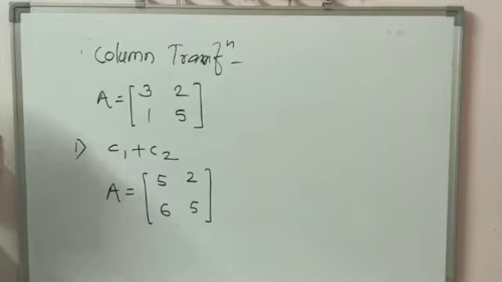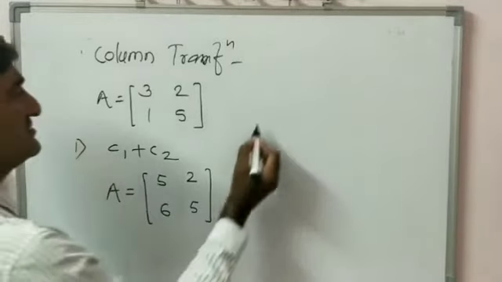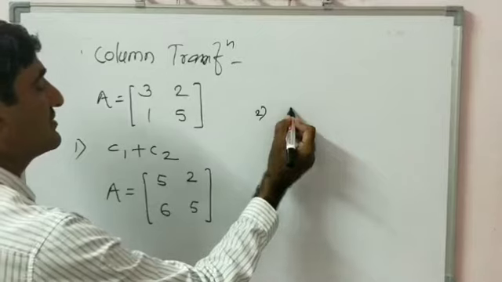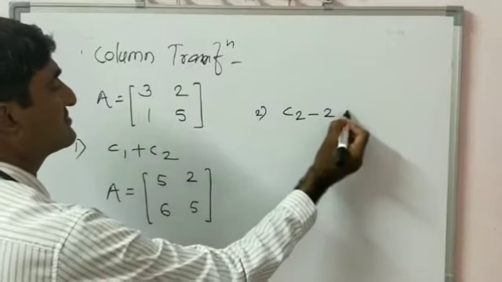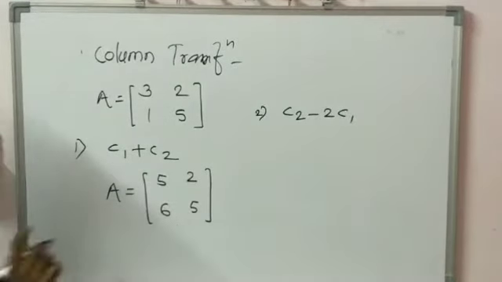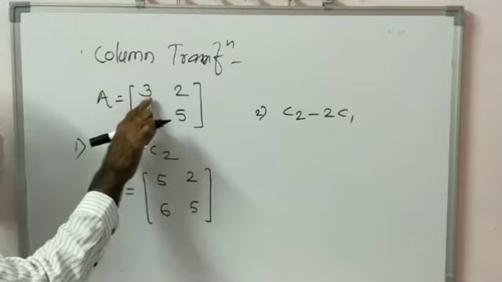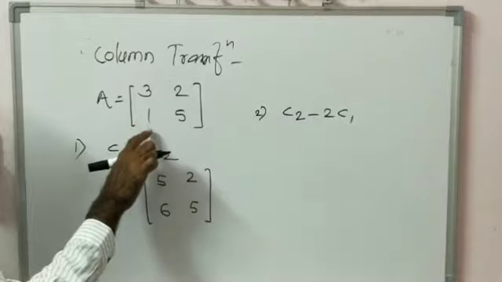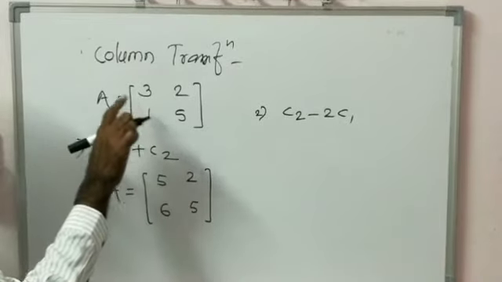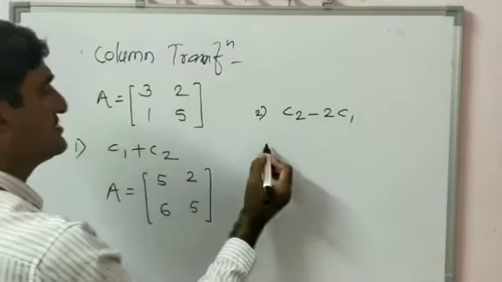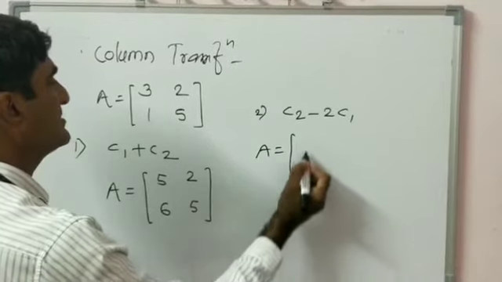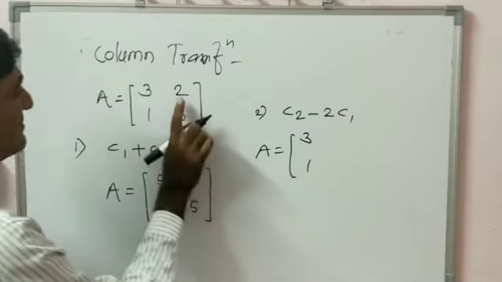Consider another elementary column transformation: C2 minus twice C1. That is, subtract C1 first multiplied by 2 and then subtract from C2. C1 as it is, column first as it is, 3, 1.